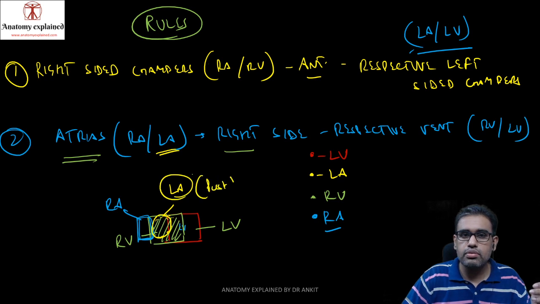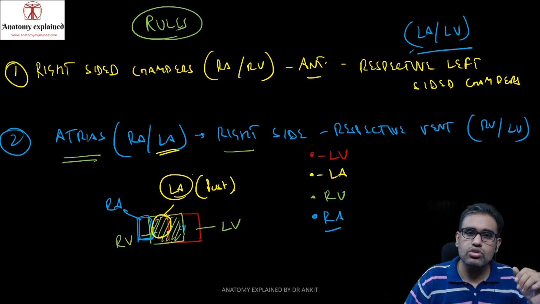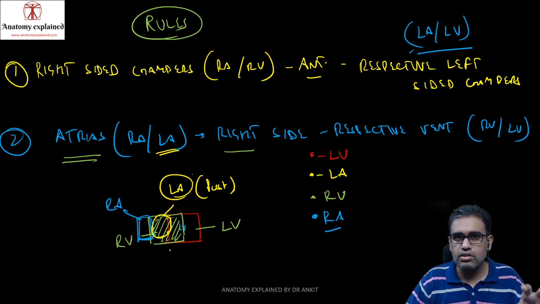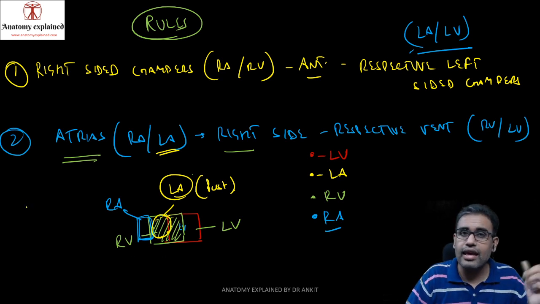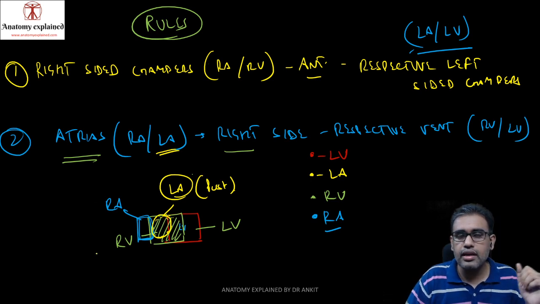I'm writing posteriorly over here. If you apply these two rules, you have a general idea of how the chambers in the heart are positioned in a human being, not how we make it diagrammatically.